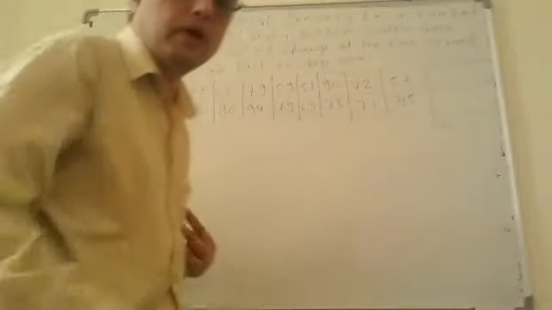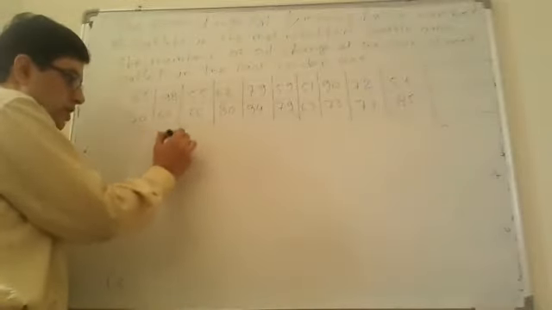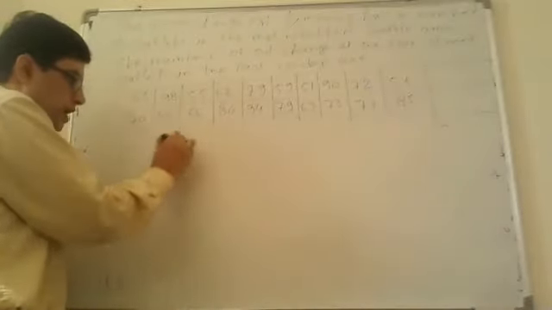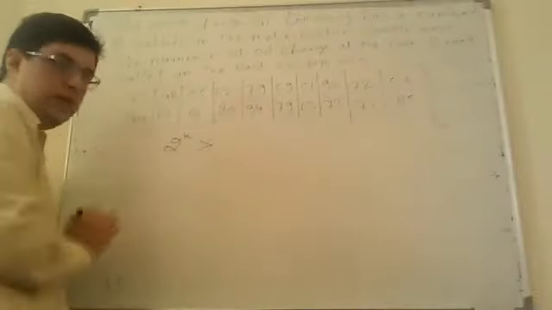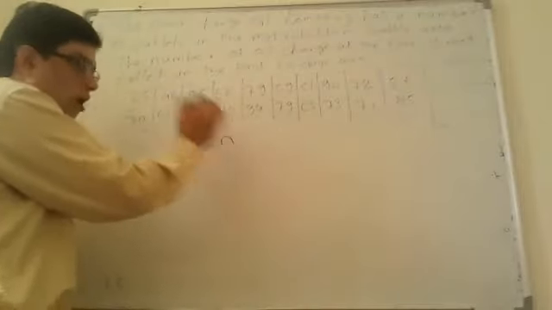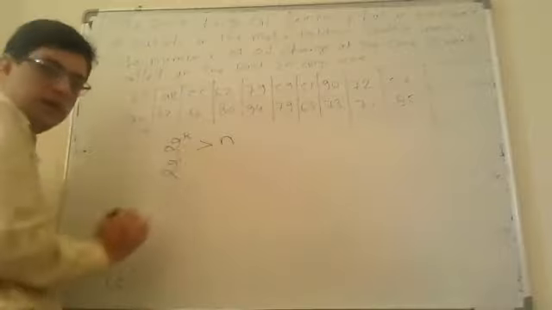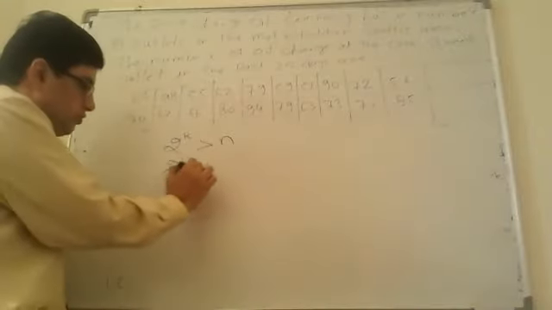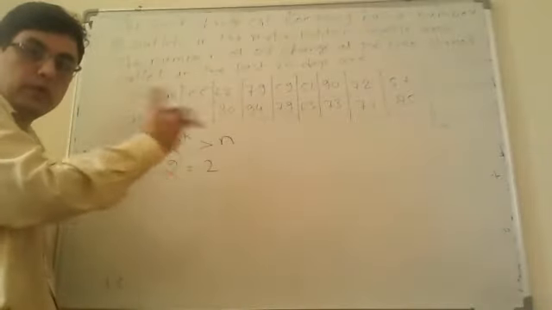2 to the power 1. Here this is the value of k. 2 to the power k should be more than the number of observations. We check 2 to the power 1, which is 2. Here the data is 20, which is more than 2.